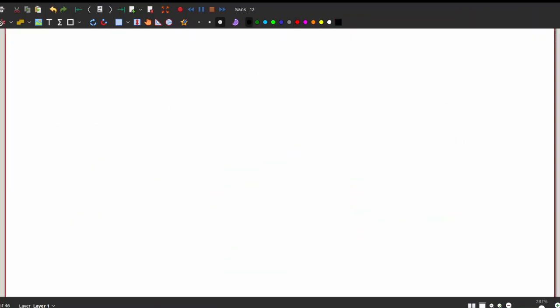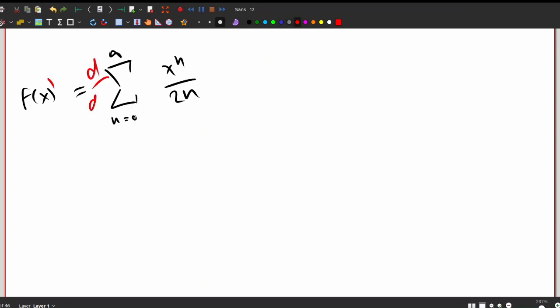Now, there's another way to memorize both sine and cosine, and it relies on this principle. If I have a function that is the sum of something, so from n equals 0 to infinity, we'll say f of x is equal to x to the n over 2n. If I wanted to find the derivative, so f prime of this function, it would be d over dx of the sum, which is also equal to the sum of d over dx of this function.